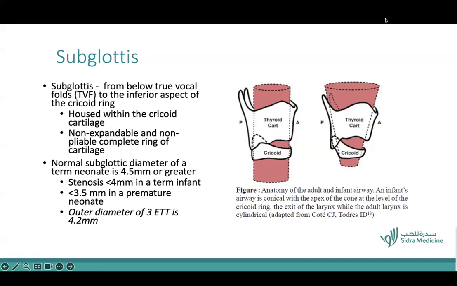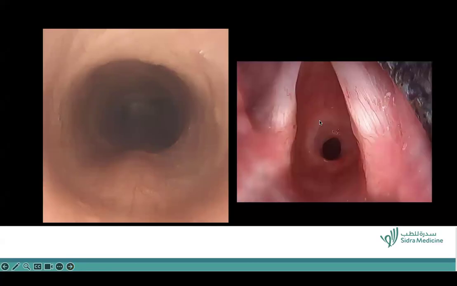So if that child cannot fit a 3 uncuffed endotracheal tube at birth and is a term baby, by definition, that patient has a narrow cricoid or a narrow subglottic area. All right, so that's usually what the subglottic area should look like. But a lot of the kids that we see who have subglottic stenosis would look like that.